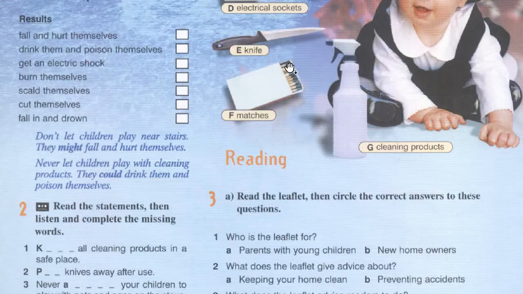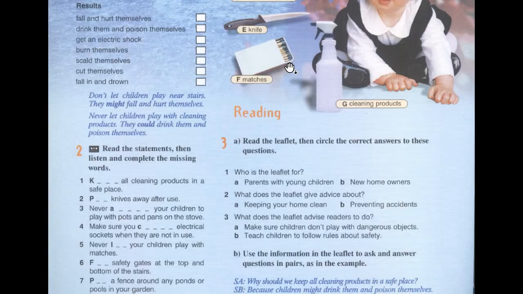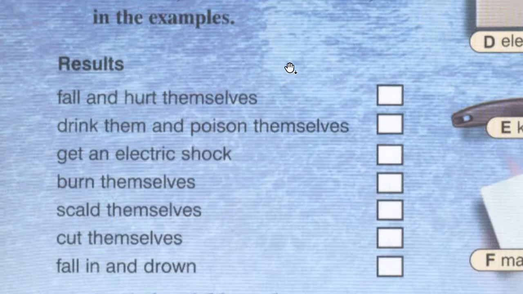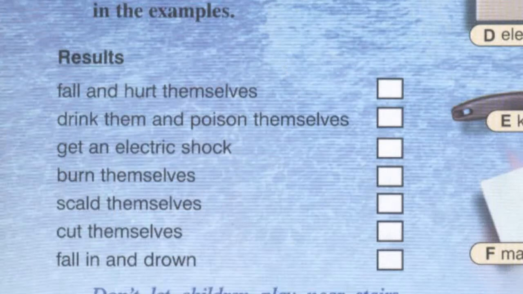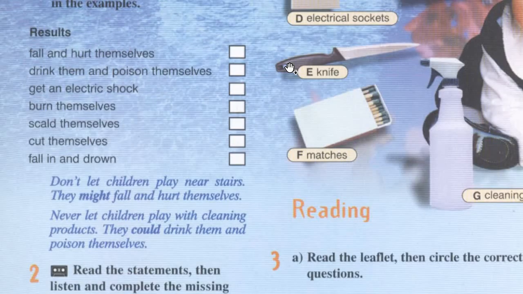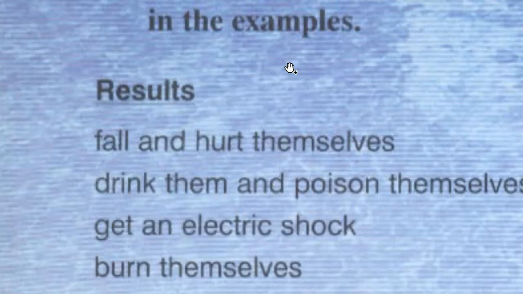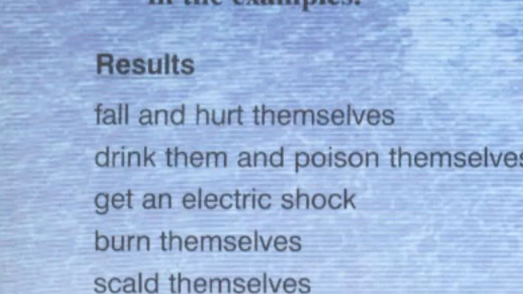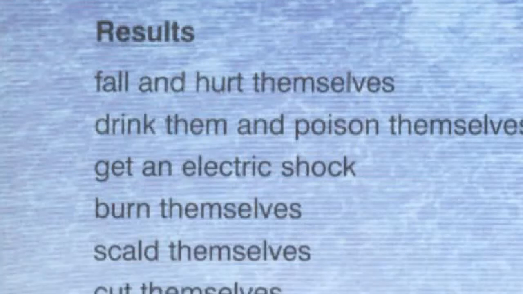Okay, we saw the pictures and we're going to move to the first exercise on this page. You are supposed to link these pictures to the statements, to the expressions here. The first one is fall and hurt themselves. The next one is drink them and poison themselves.